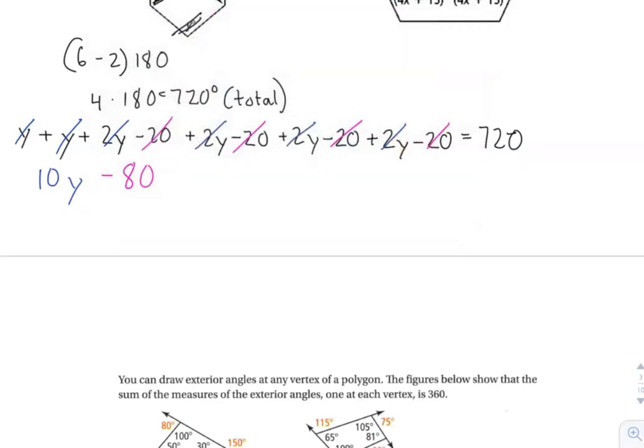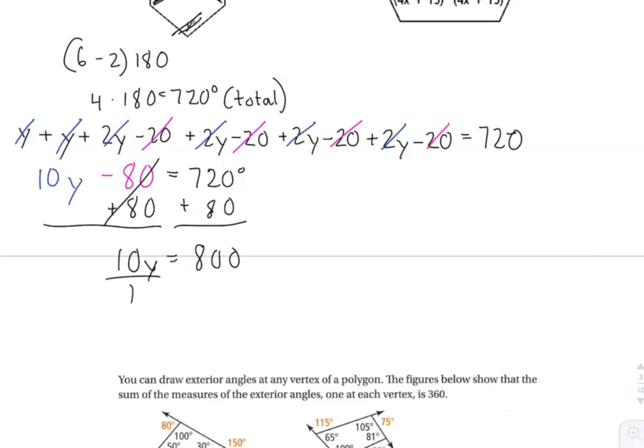Lots of terms to combine. Right, but we know that the total is 720 degrees. Add 80 to both sides. We get 10y equals 800. Divide by 10. y equals 80.